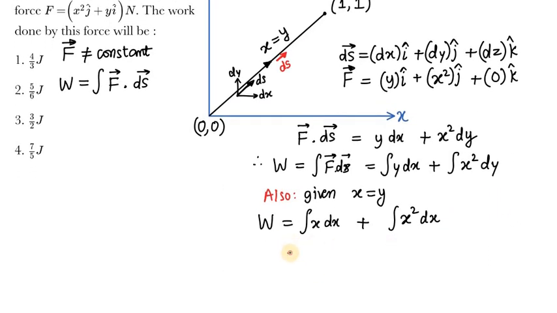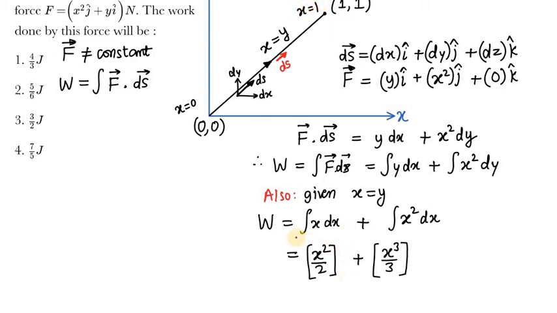So therefore the integration of x dx will be x squared by 2, and the integration of x squared dx is x cubed by 3. The limits of integration: as you can see, the particle is moving on this path, so the x coordinate at the starting point is 0 and at the ending point is 1.